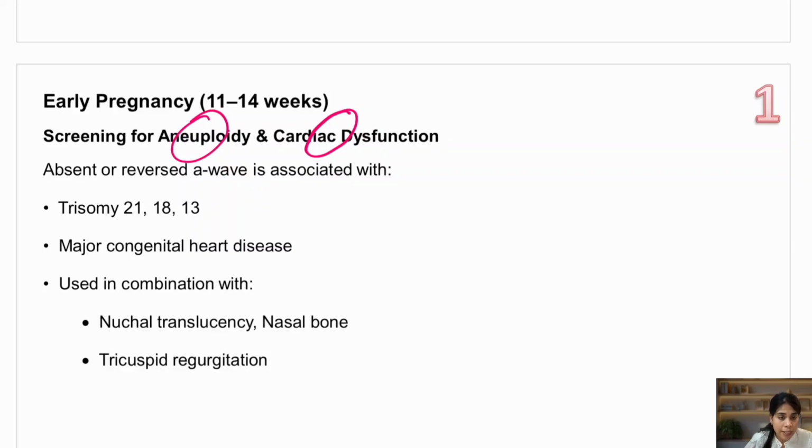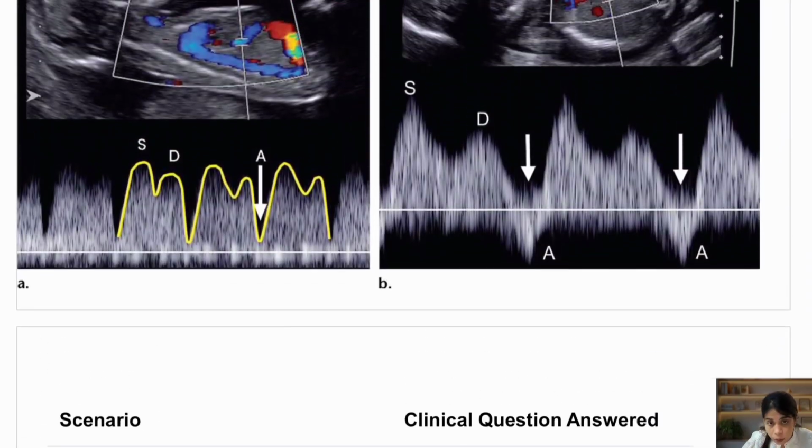But for this aneuploidy thing, this A wave absence or reversal should be used in conjunction with the nuchal translucency, nasal bone and tricuspid regurgitation. Just isolated reversal or absence of A wave cannot tell you yes, there is aneuploidy. There should be some other markers also, like increased NT or absent NB. Okay.